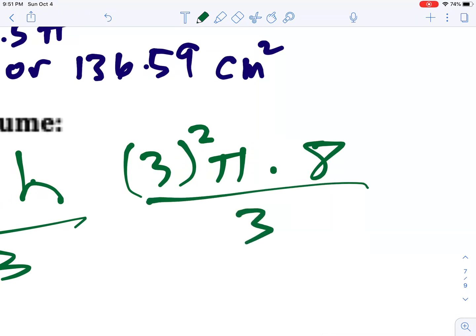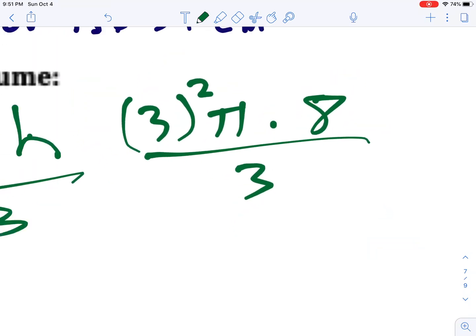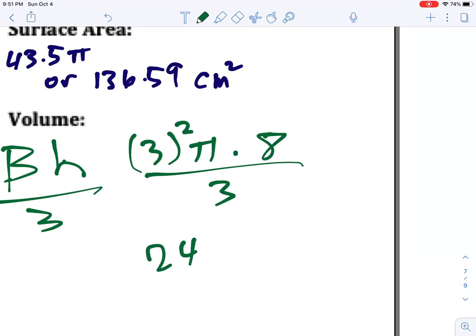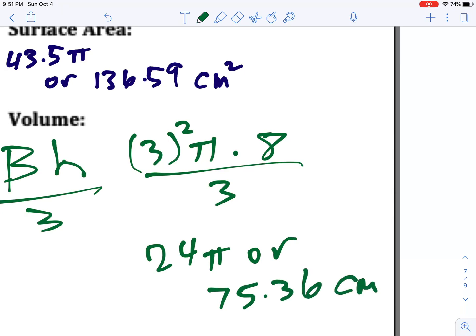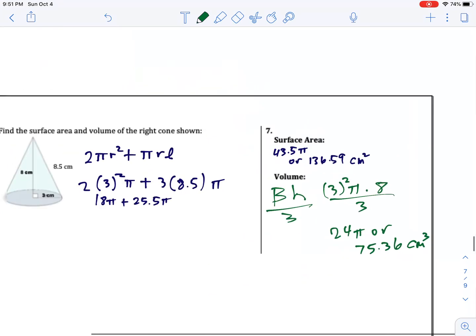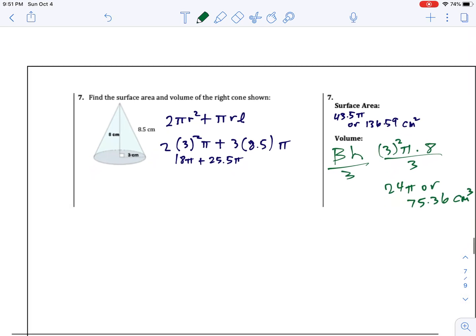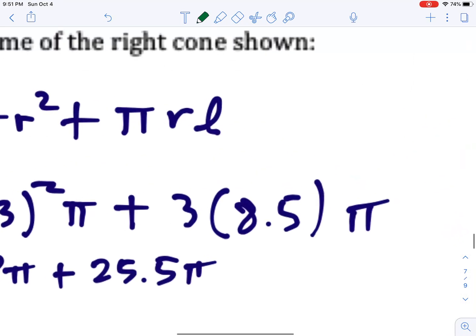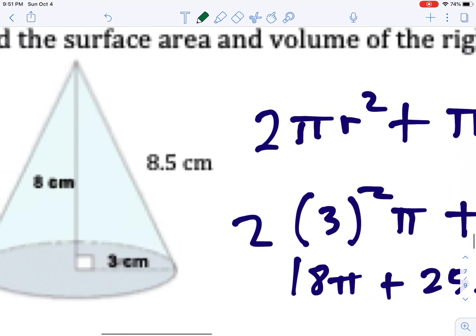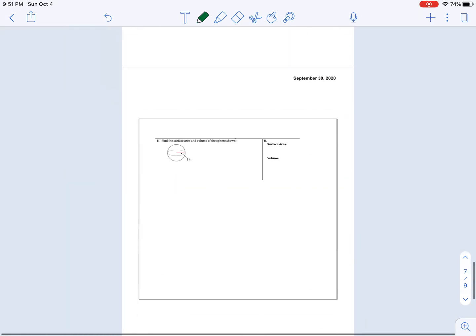So 3 squared is 9 times 8 is 72, divided by 3 gives us 24 pi. Or approximately 75.36 cubic centimeters. Okay, you just got to remember slant height versus height. Slant height is the slanted one. Height is the one going straight up and down.